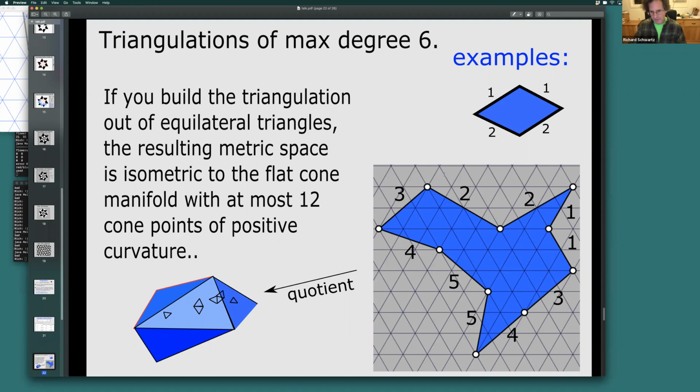And what I've drawn here on the right is a way to build one of these things. In this example, it will have 6 points where there's 4 around and everything else where there's 6. The way this works is you fold up the edges according to the pattern. So for example, this 2 edge glues to this 2 edge and it creates a cone angle with 4 around.